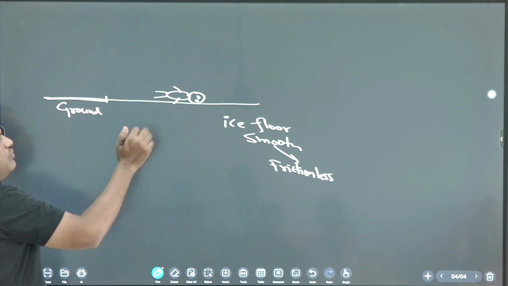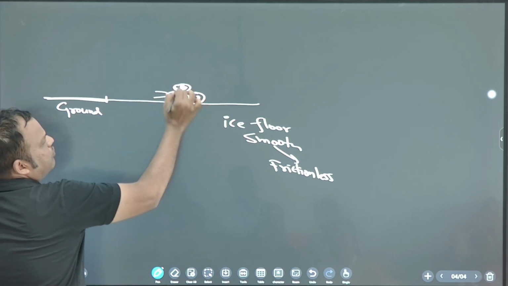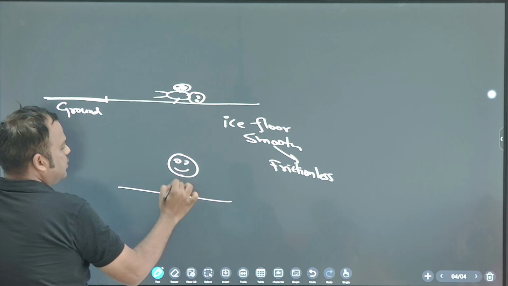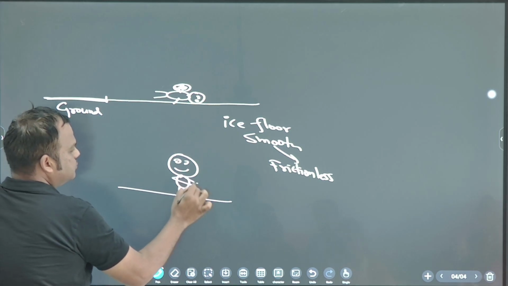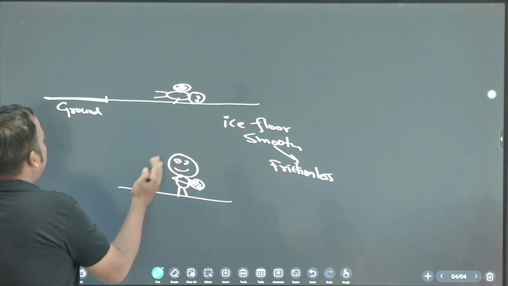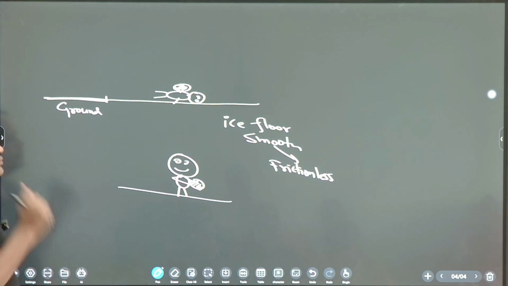Okay, I am giving you one more help. Suppose you have a ball. You are standing here and you have a ball, a football. Now, how can you come to the ground? Any idea?